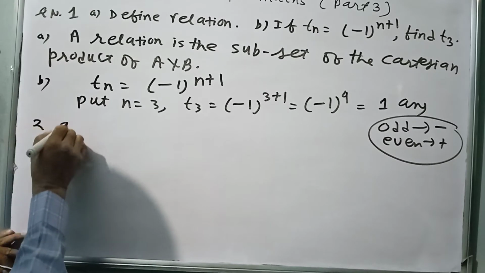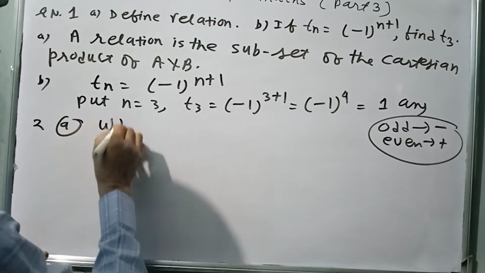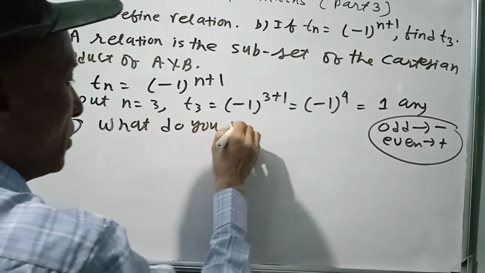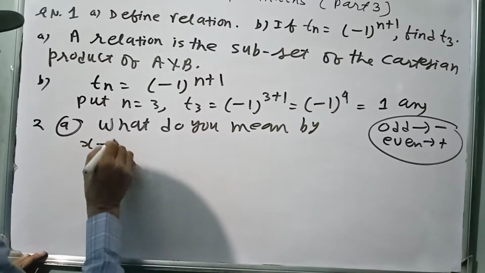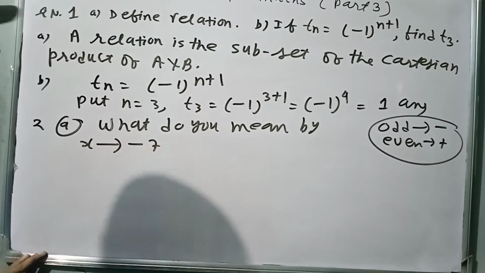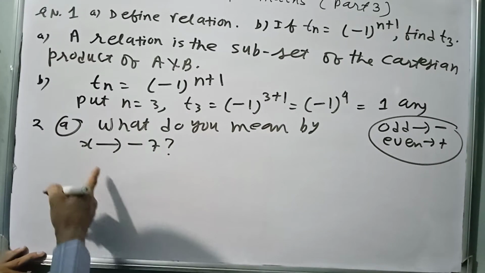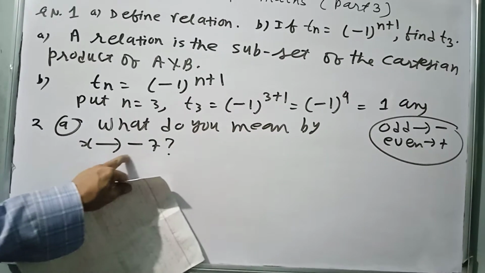Question number 2A, set notation form. What do you mean by x tends to minus 7 in the mathematical notation? Write in the mathematical notation. What do you mean by x arrow minus 7?